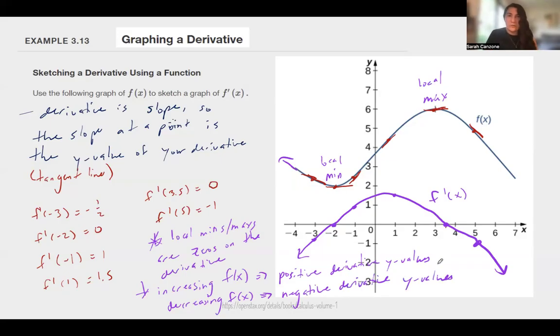And again, this is always, so this isn't like this specific function. This is a generalization that will hold always.